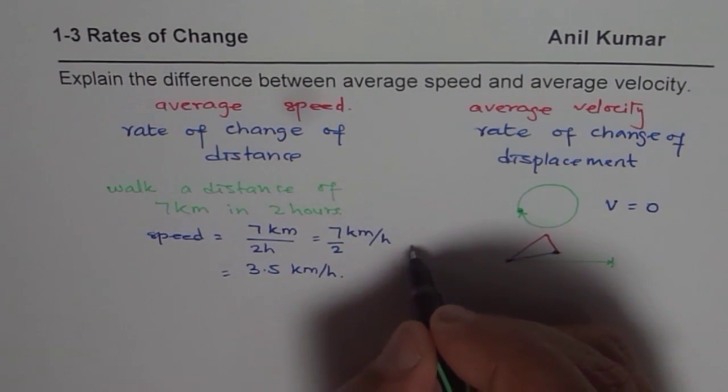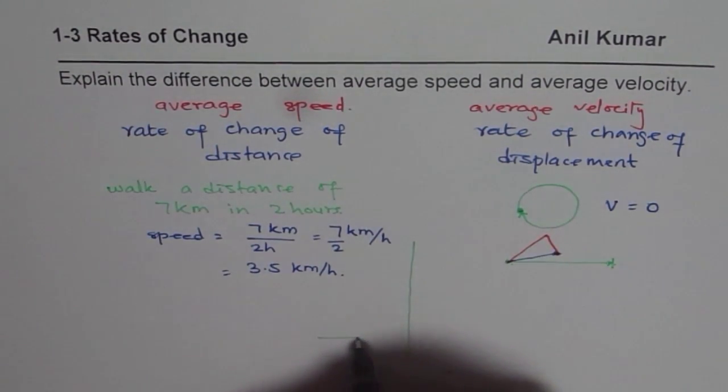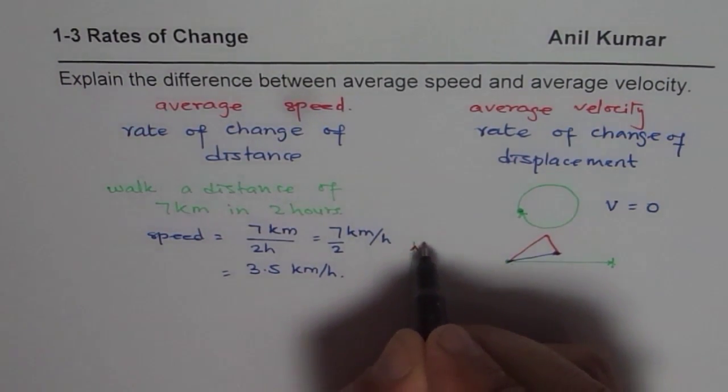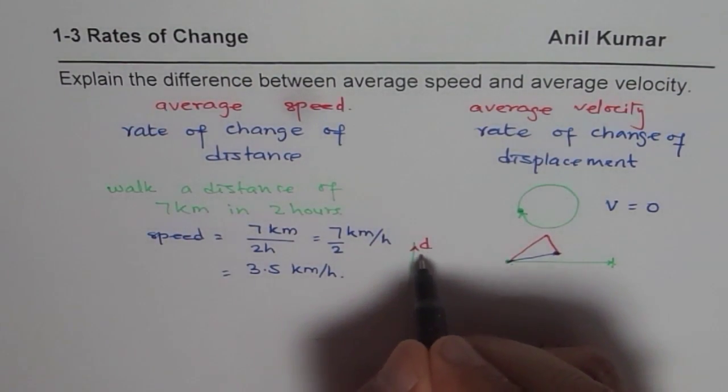Now here is a question for you. I'll sketch one diagram for you, and let us say we are considering walking along a straight line. Let's say this is time in minutes, and on this side we have distance, you may say displacement, in meters.